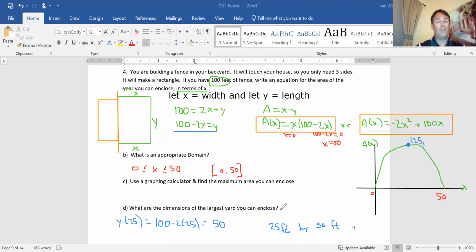If I wanted to figure out the maximum area, just multiply those two numbers together. So 25 and 50. If we multiply them, we have 1,250 feet squared.